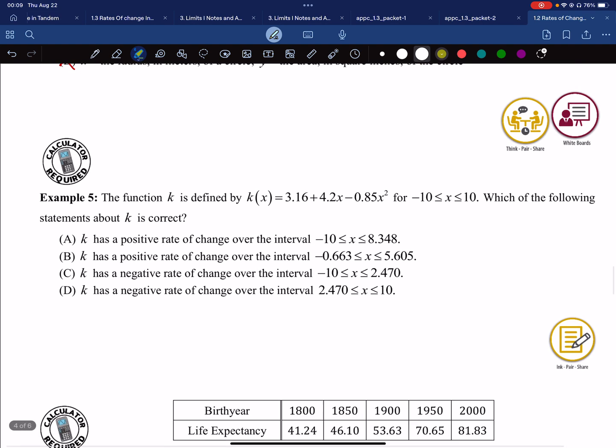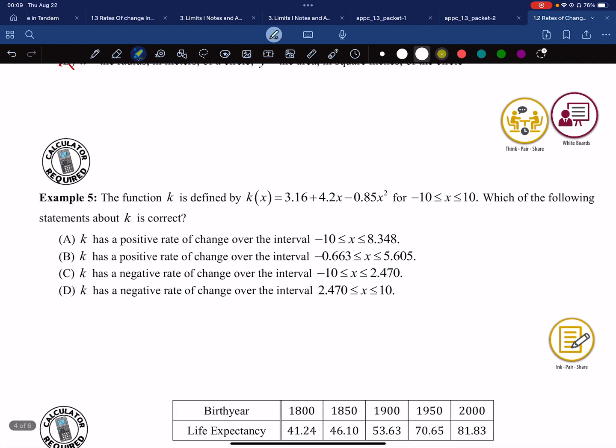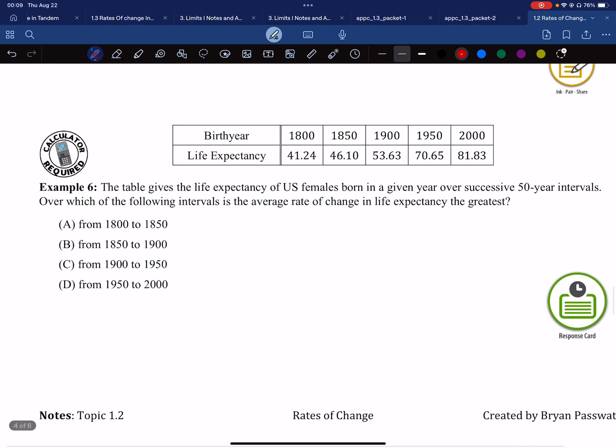Okay, we're going to skip example number 5, so we're not going to worry about that one. And we're going to go to example number 6. This one will require some calculator skills, but if you don't have a calculator, you can at least do the setup part right, and then once you get a calculator, you can type those in.